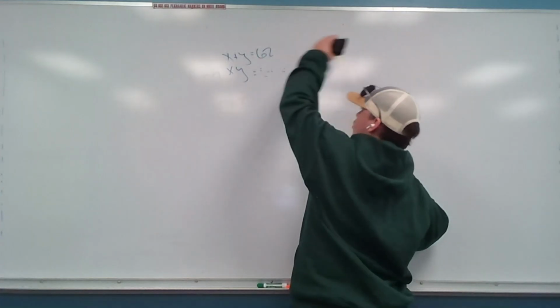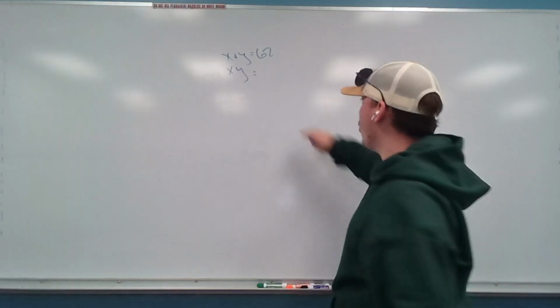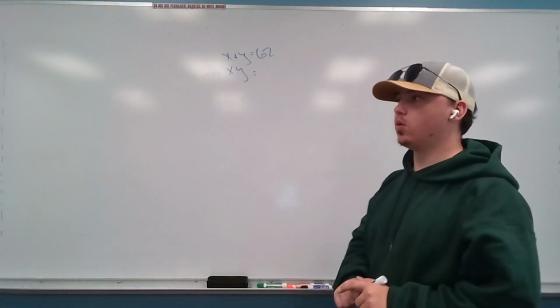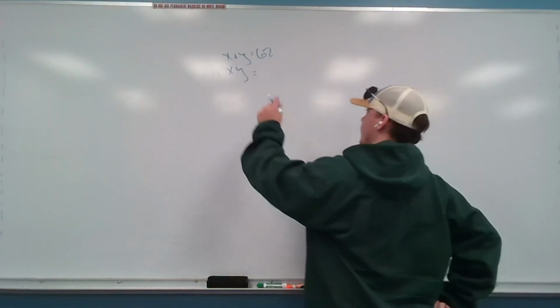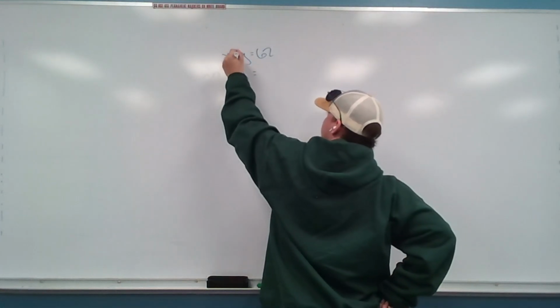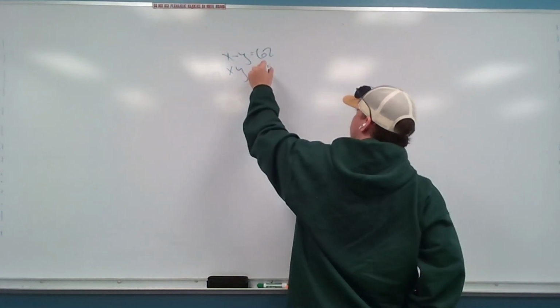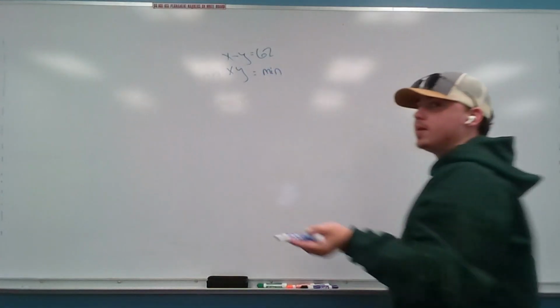This number has been removed from the equation, and it just says, whatever that number is, we want it to be the smallest possible, or the biggest possible. So let's do the smallest. And xy is going to be equal to min. We don't know what that minimum is.